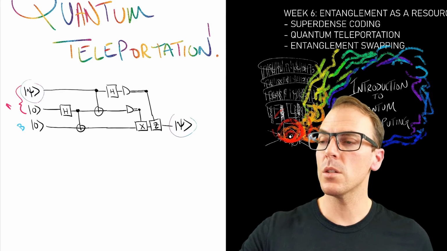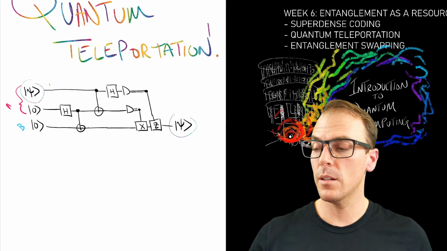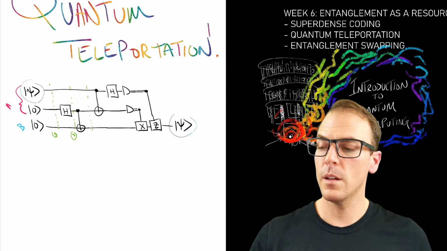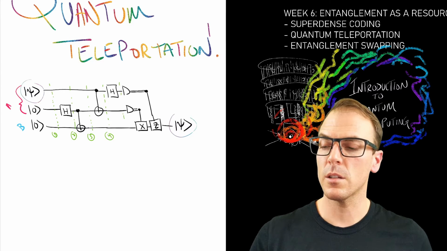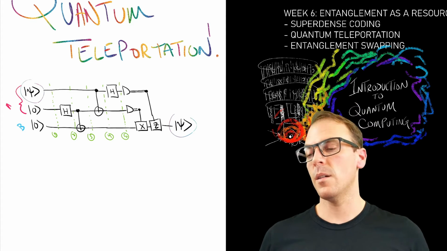Now the way in which typically we analyze circuits is by drawing some vertical line and numbering these points in time. Remember that when we looked at the Cirq programming language, these were called moments in time.